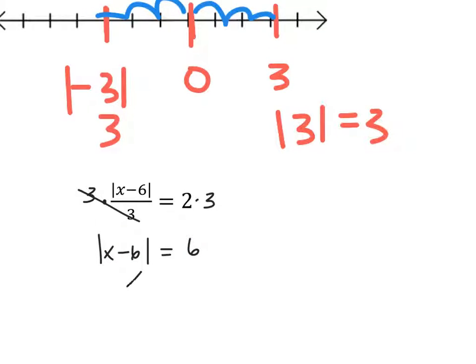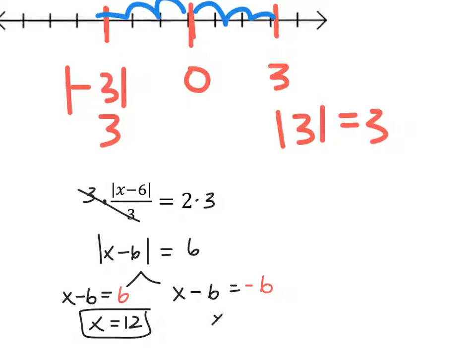So remember, the absolute value of -6 and 6 could be 6. So I need to break it up into two equations. So x minus 6 could be +6, and then x minus 6 could also be -6. So I'm going to solve for x in both, and I get 12 and 0. So 12 and 0 would both be my solutions.